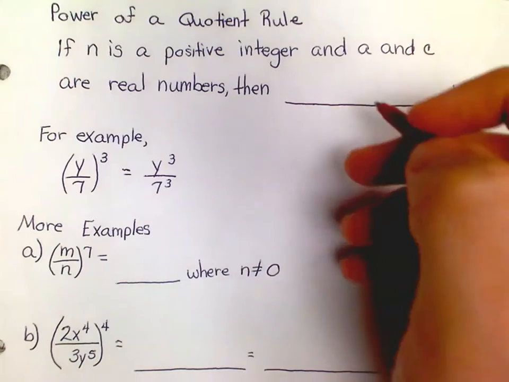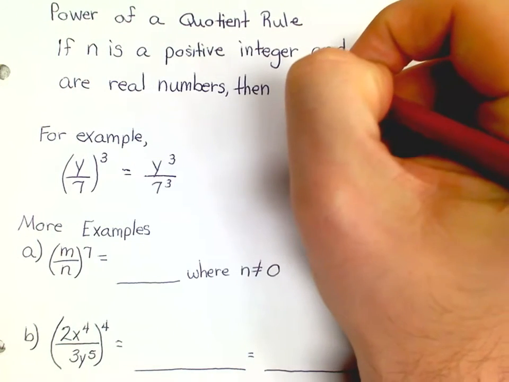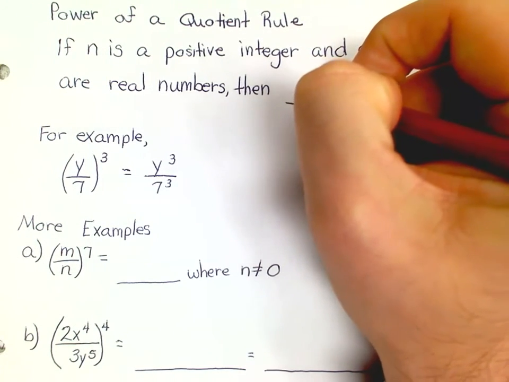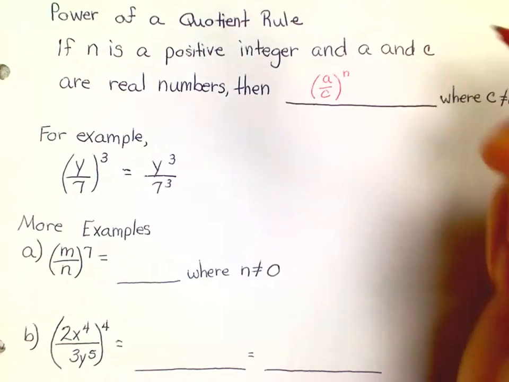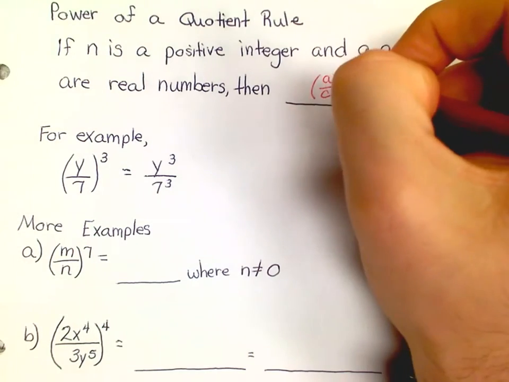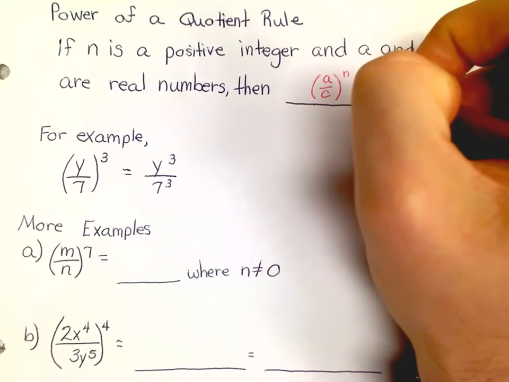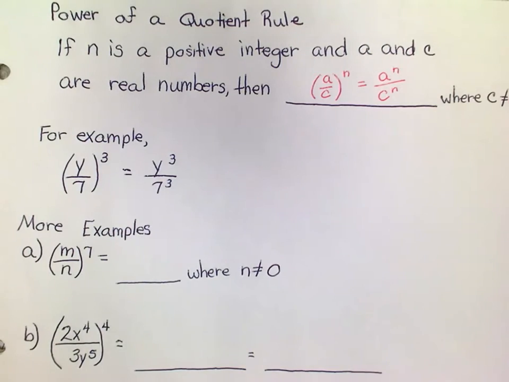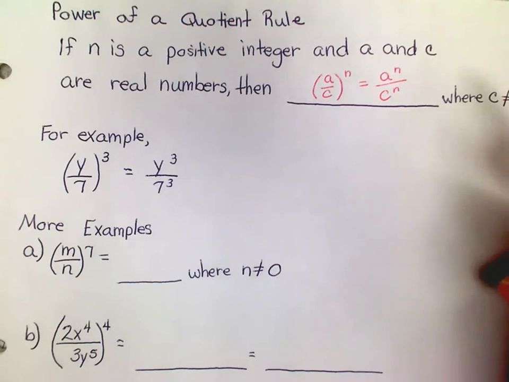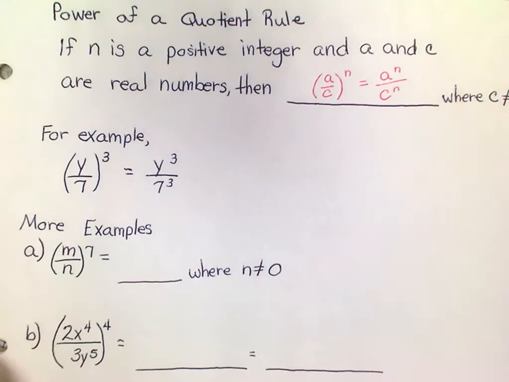So for this, let's have a over c to the nth power. And it's going to be equivalent to a to the nth power over c to the nth power. Just like that. And we do not let c equal 0.